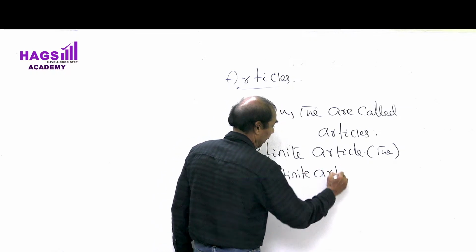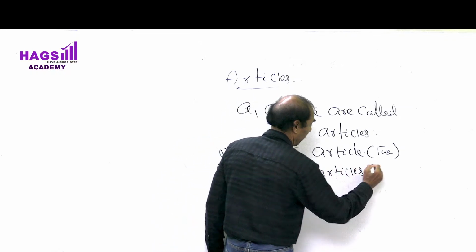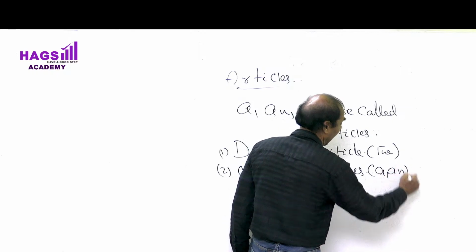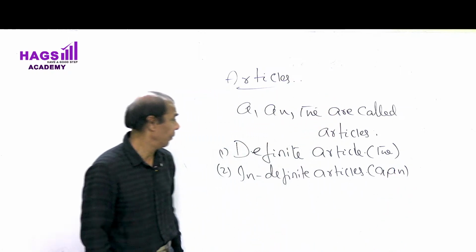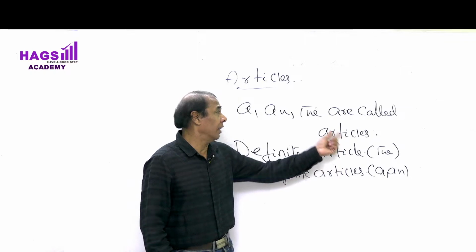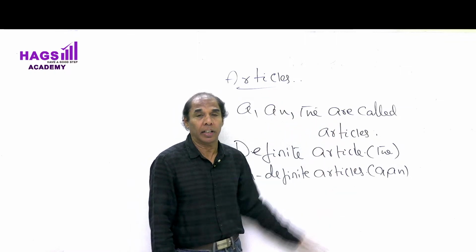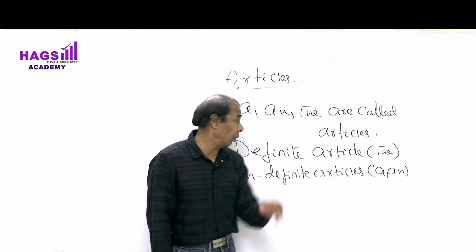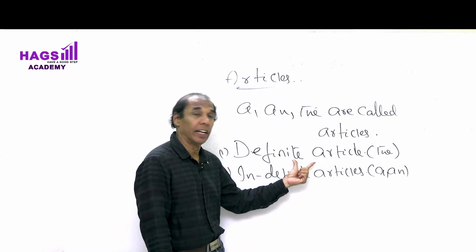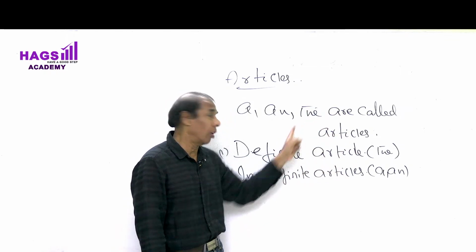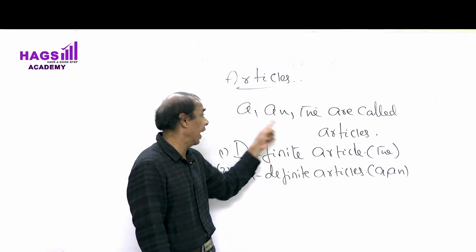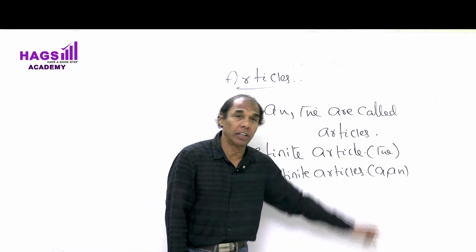Indefinite articles, write in brackets: a and an. Now look at the board. A, an, and the, these 3 are called articles, and articles are of 2 kinds. 1. Definite article. It means the is called definite article, and a and an are called indefinite articles.